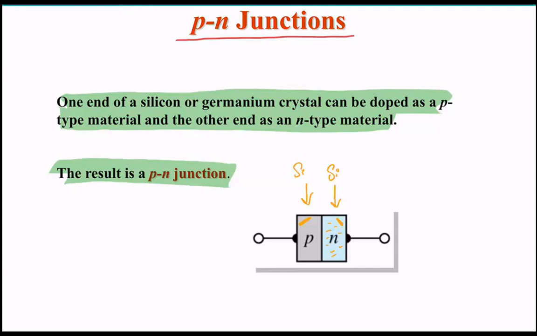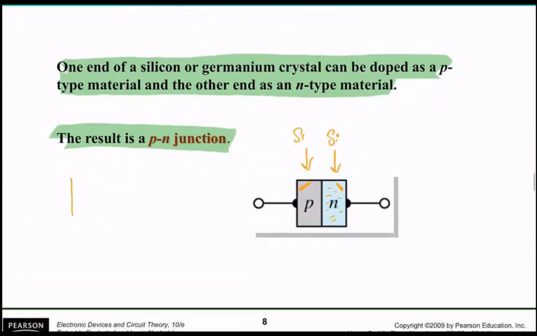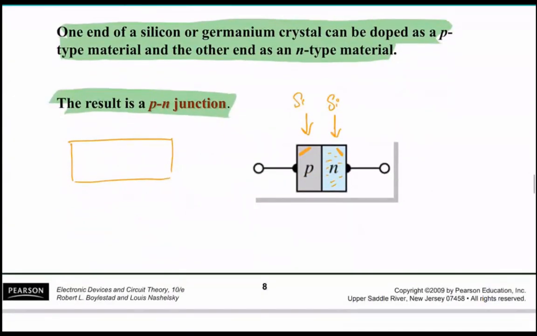So this is what it means. Think of it, there is some element, and it has some number of electrons. To this element, I add impurities.